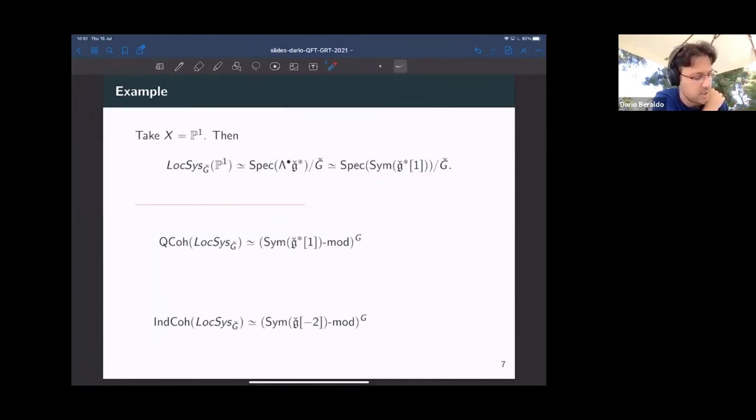So either you write it as a Spec of an exterior algebra, or to better keep track of the degrees, it's the symmetric algebra over this odd vector space divided by G check. You don't need to know any derived algebraic geometry to say what quasi-coherent sheaves on it are. It's just modules, well, differential graded modules for this differential graded algebra, this exterior algebra, G invariant. Actually, this should be G check.